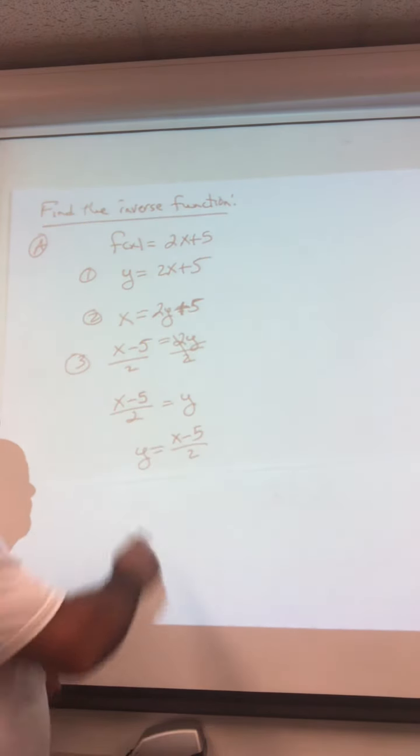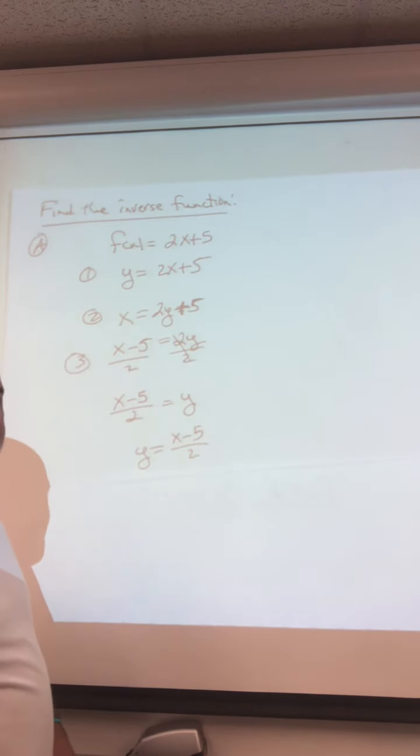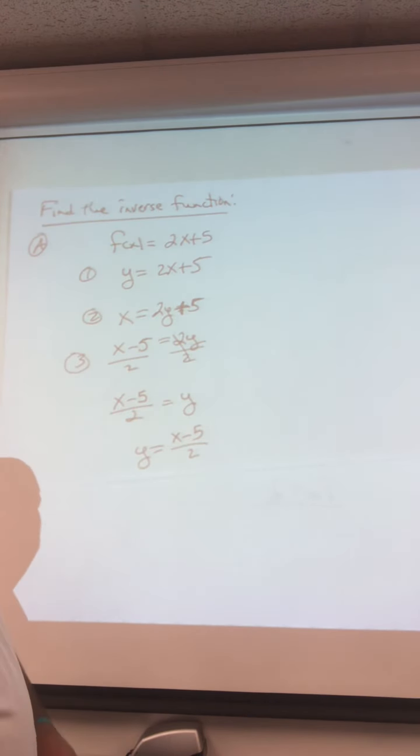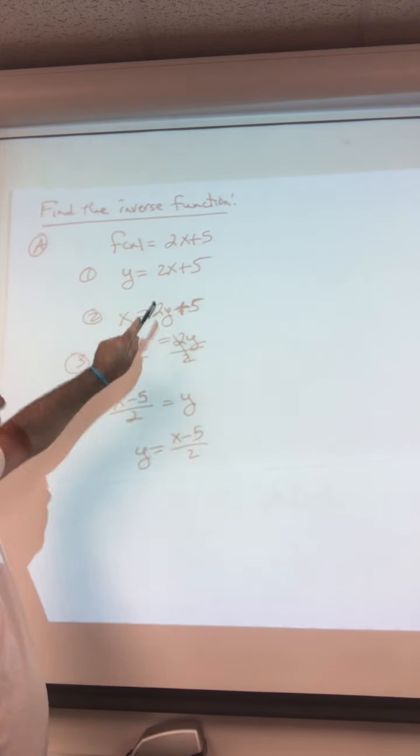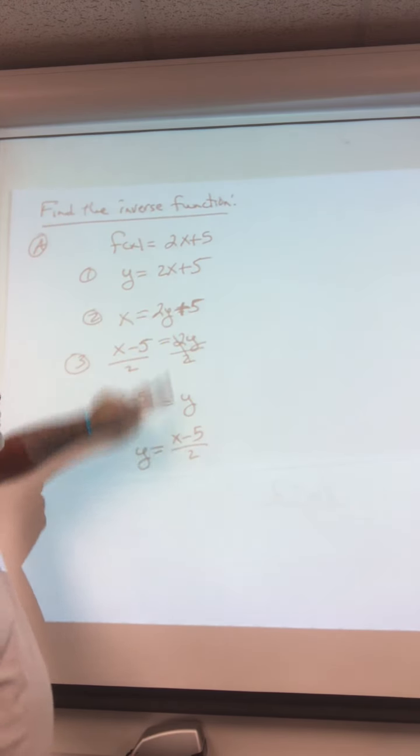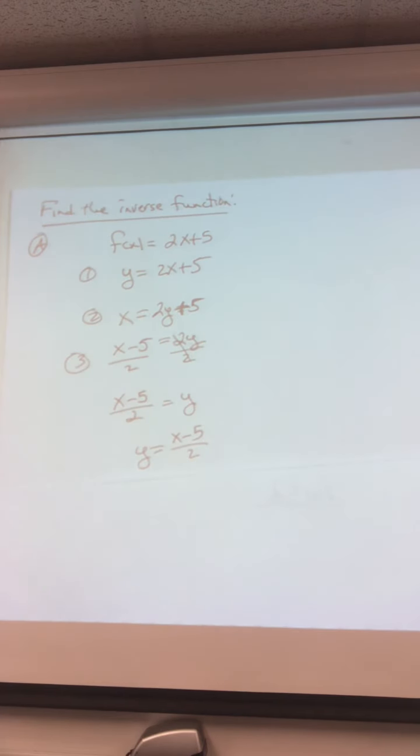Now what we do when you solve it back for y is we use the inverse notation. Well, remember the original function was called f of x. Well, this is the inverse of f, and the way we write that is like that.